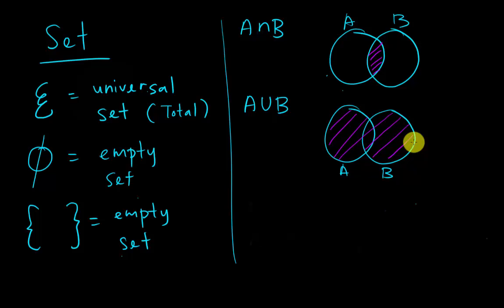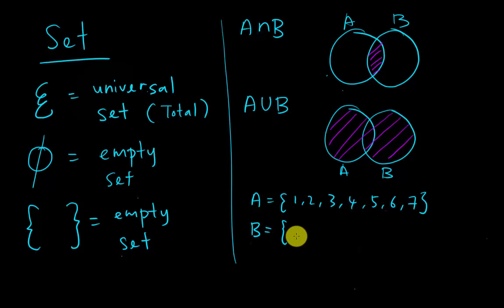Alright, so I will give you some examples. Let's say A is 1, 2, 3, 4, 5, 6, 7, and B is maybe just a random one: 2, 4, 6, 8, 10.